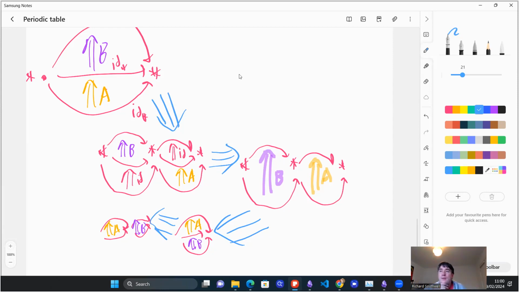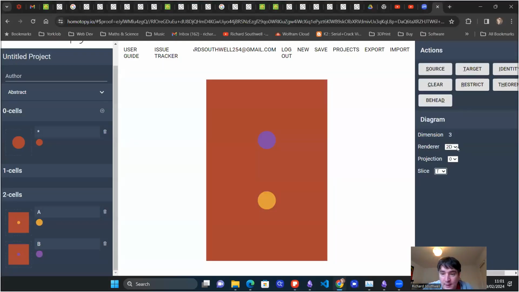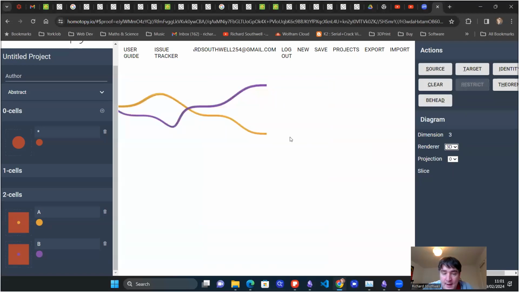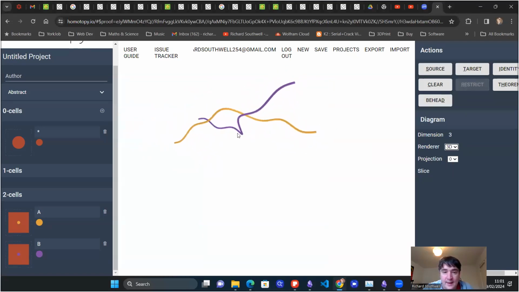And basically what this is saying is that yes, you can twist A and B round each other, but that's not some sort of memoryless equality thing. That's actually a change which can be undone, but which is not necessarily the same as the identity. And so when you look at the Poincare dual of a picture like this, it's going to end up looking like something in 3D, and that 3D thing is going to look something like this.